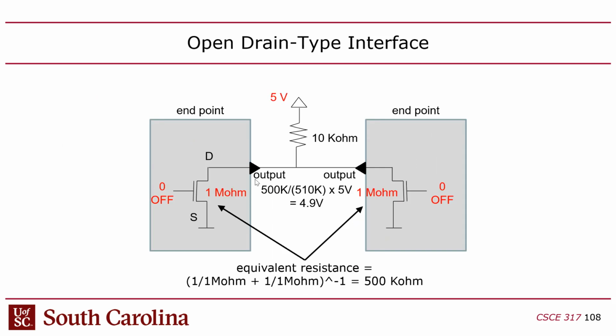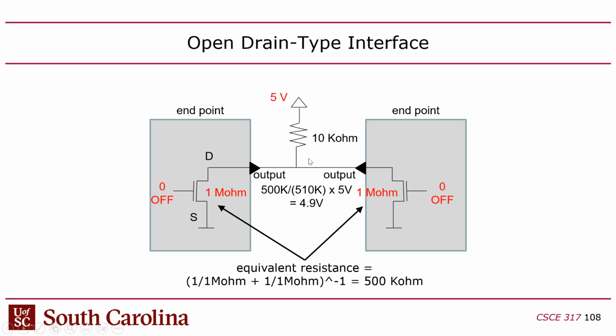Another approach is called open drain, where you do away with the pull-up transistor, the PMOS. So you just have a transistor that is responsible for taking the output pin and shorting it to ground. And you may say, well, if that's the case, then how does it ever go to logic 1? It accomplishes that through a pull-up resistor.